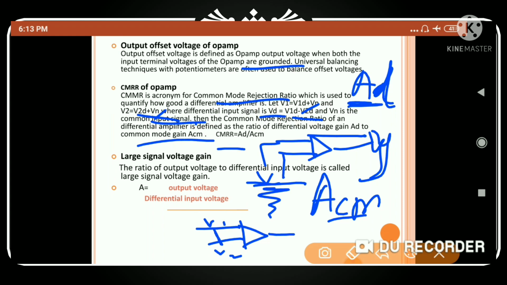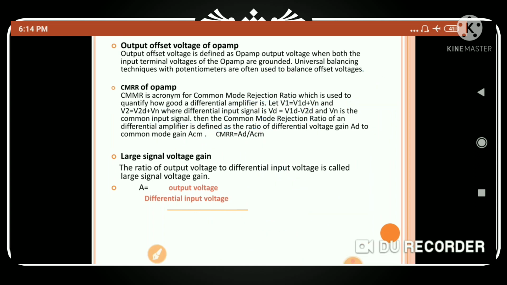So CMRR, the common mode rejection ratio, is given by the ratio of differential voltage gain to common mode gain. This is the CMRR of an op-amp.